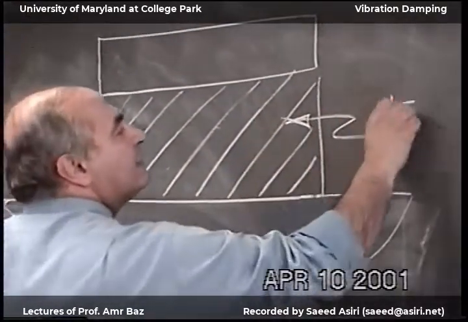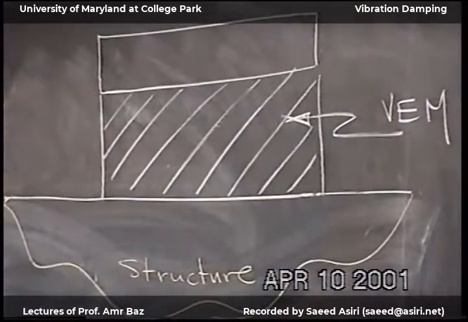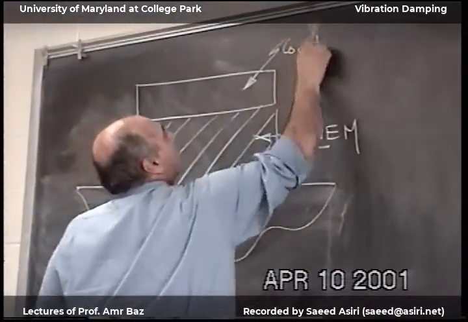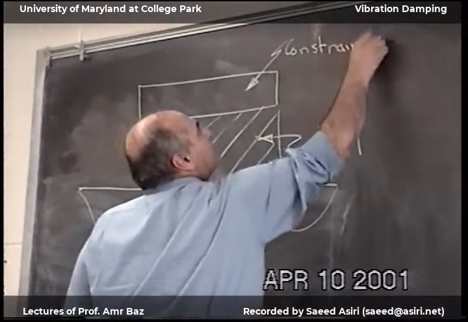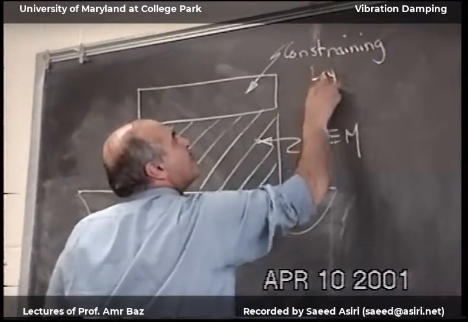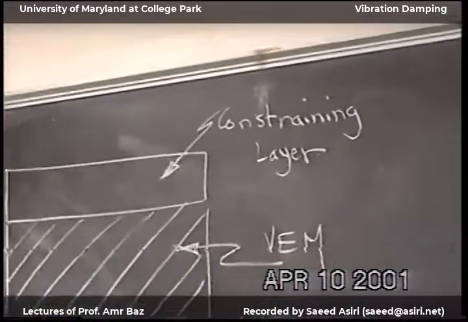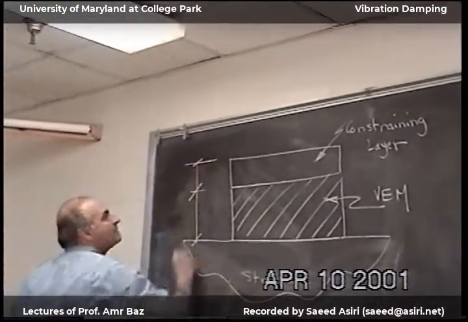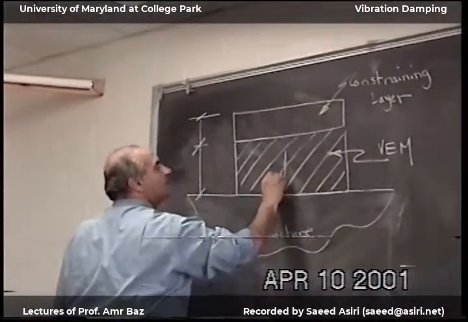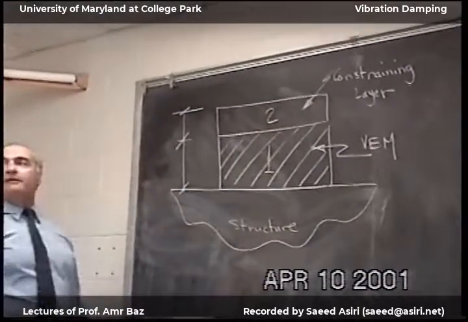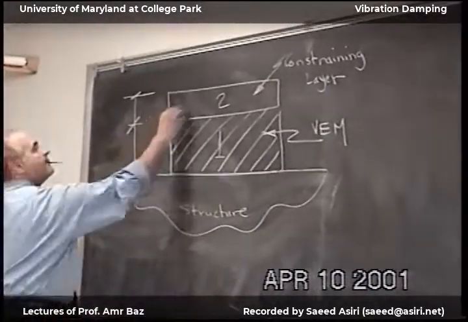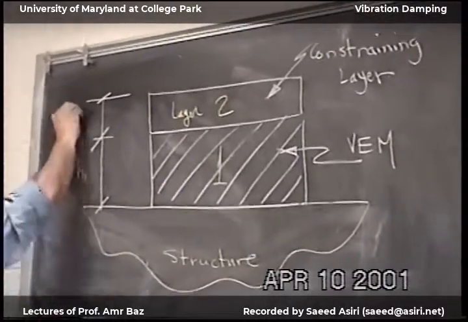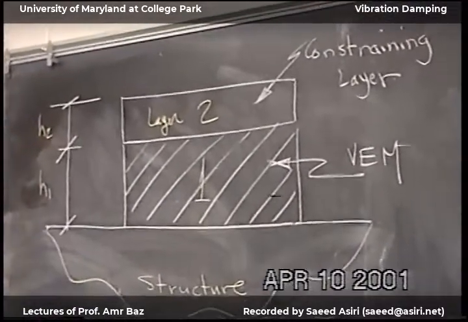This is our viscoelastic material, and then we have here a constraining layer. This is layer 1, this is layer 2, and this is thickness H1, thickness H2.